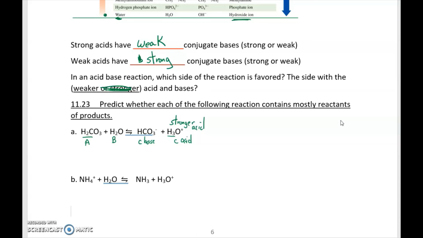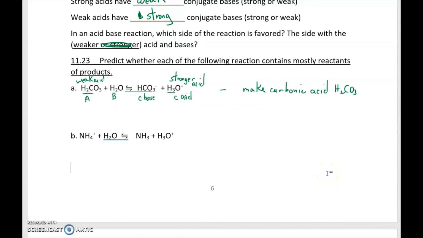And so the weaker acid is favored. So we're going to make the carbonic acid, which is the H2CO3.